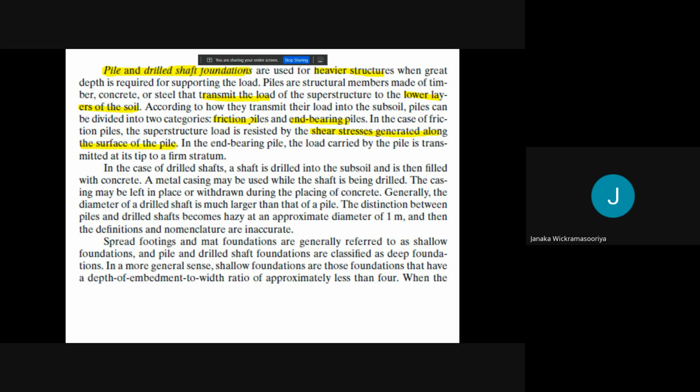In friction piles, you have the pile, and the friction on the surfaces of the pile can resist the load.